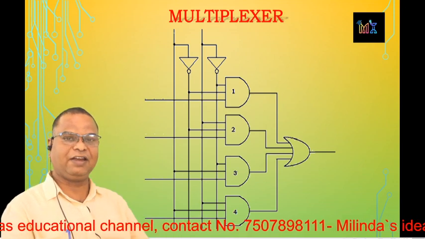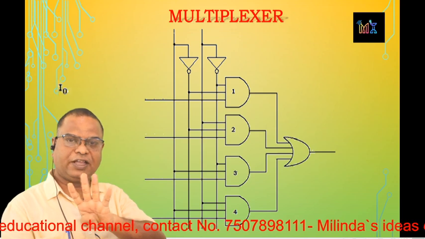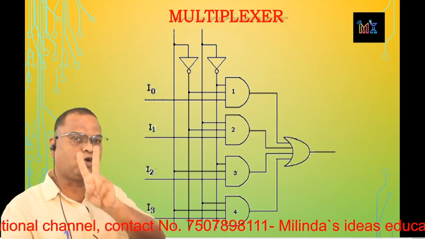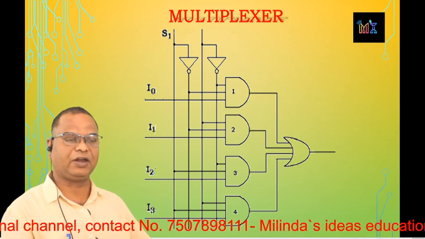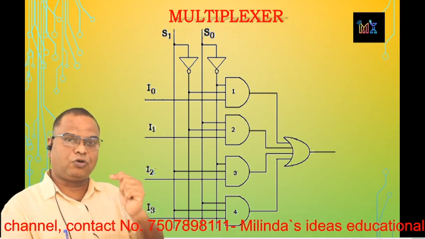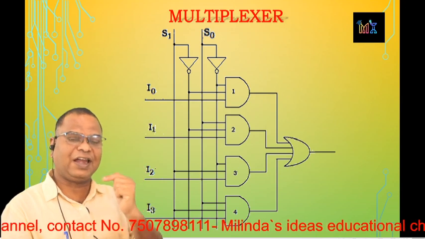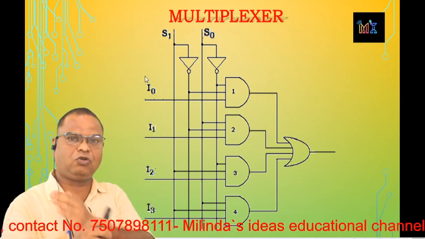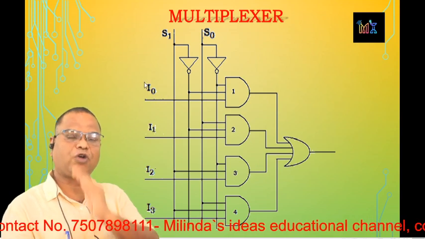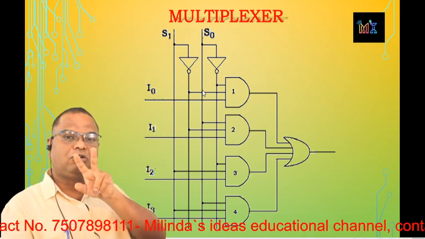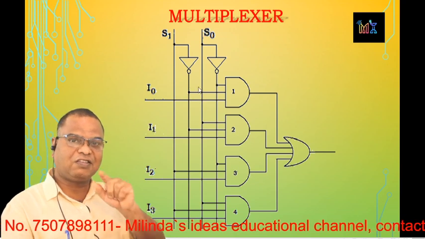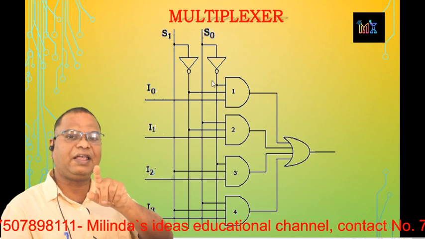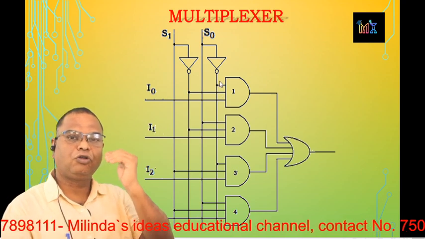There are 4 AND gates, 4 inputs and 1 output. 2 control inputs or 2 select inputs are required. The input connected to the first AND gate is I0, that means I0 or D0, D for data, I for input. Along with I0, the 2 control inputs, in this case the outputs of NOT gates, that is S0 complement and S1 complement, are connected to the first AND gate.